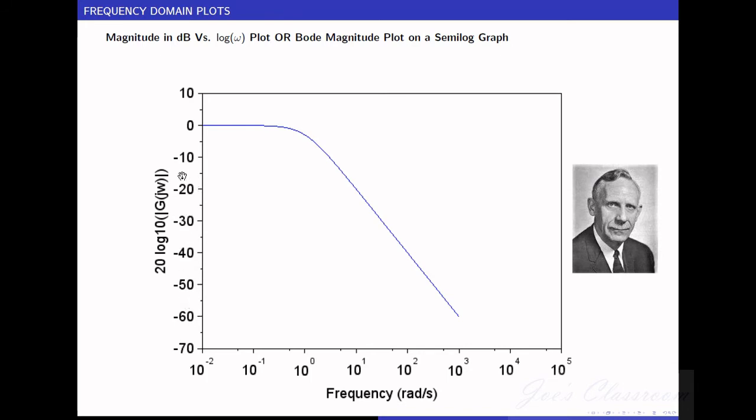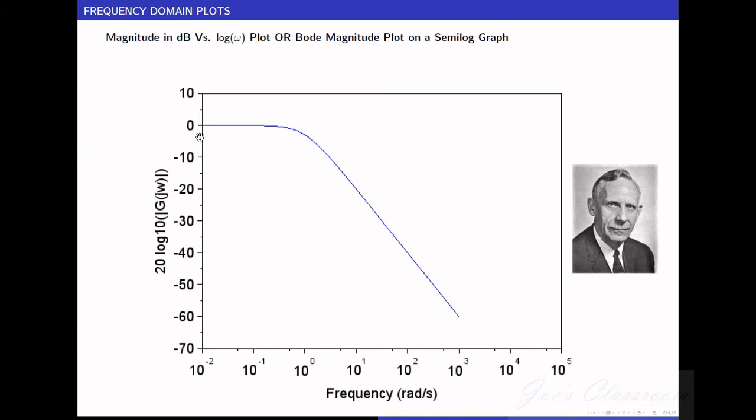Also, please note that this minus 20 corresponds to a gain of 0.1, minus 40 corresponds to a gain of 0.01, and minus 60 corresponds to a gain of 0.001. This you can verify.